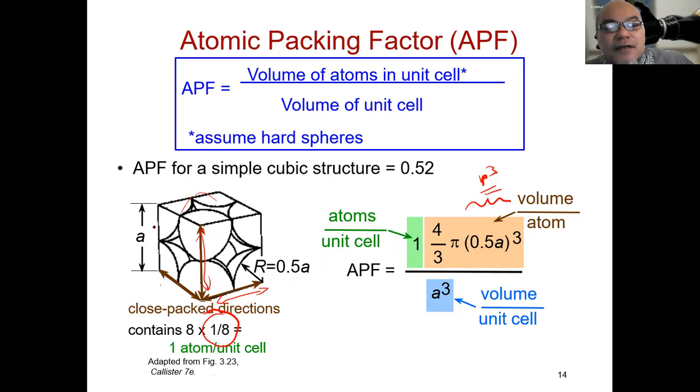It means one lattice unit a equals 2r, because this is r, the radius of the atom, this is also r, this is r. So a equals 2r. The radius equals a over 2, half of a.